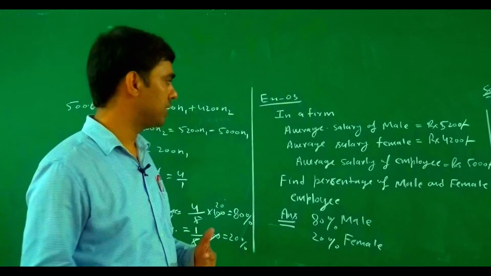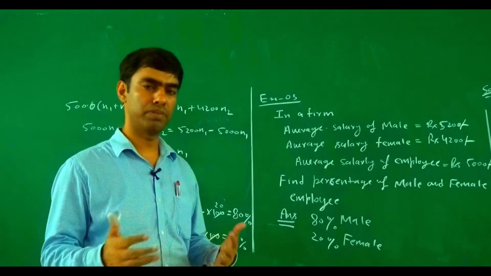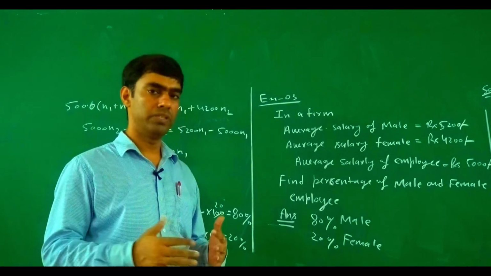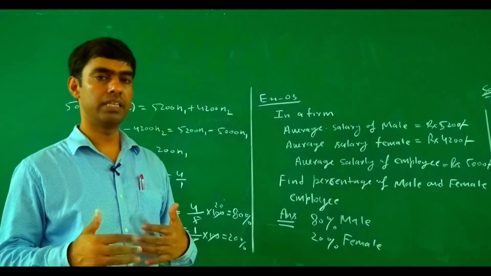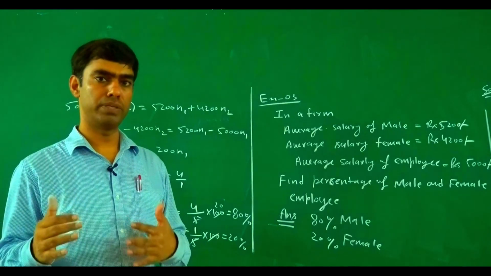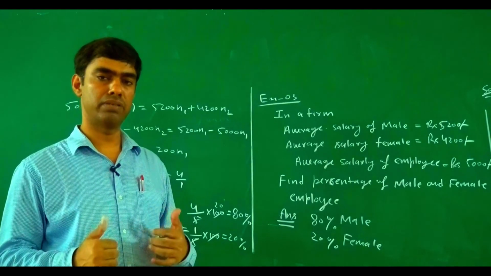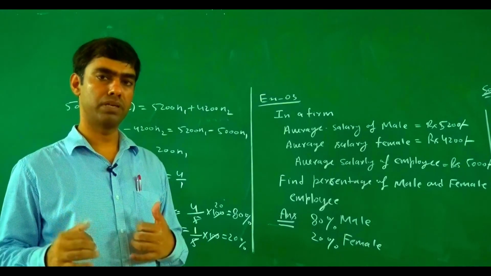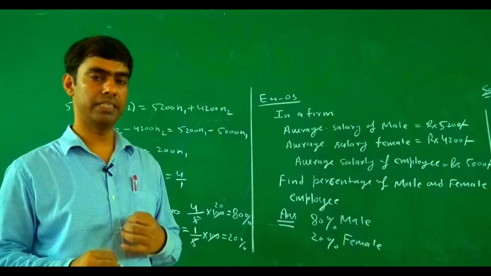The arithmetic mean can be found with the help of a simple formula, 1 upon n summation of fi xi. Or if we use the deviation from any constant, di equals xi minus a, then x bar equals a plus 1 upon capital N summation of fi di.